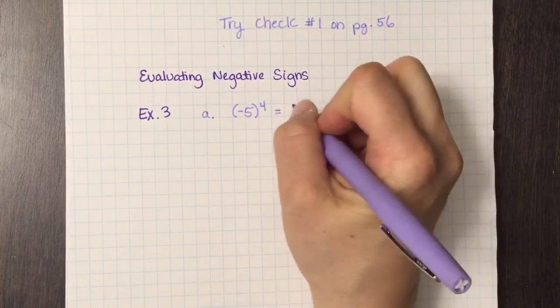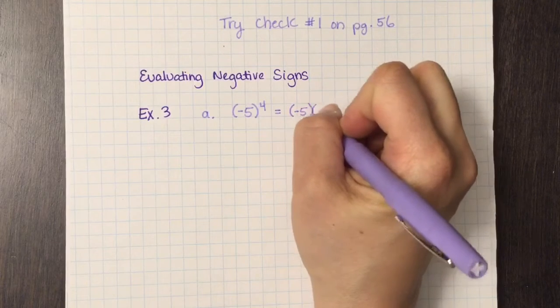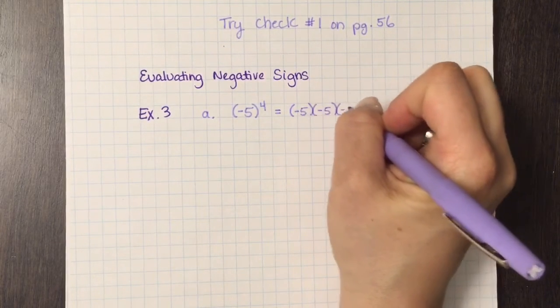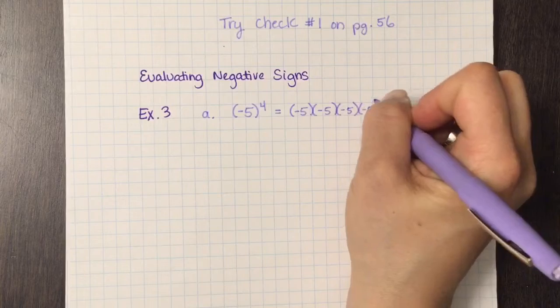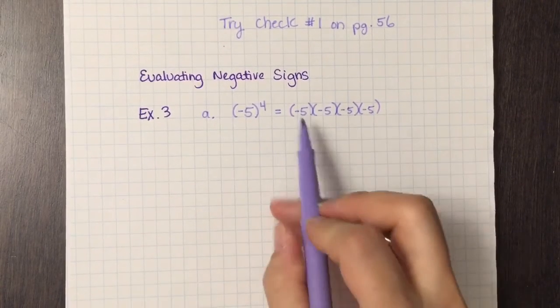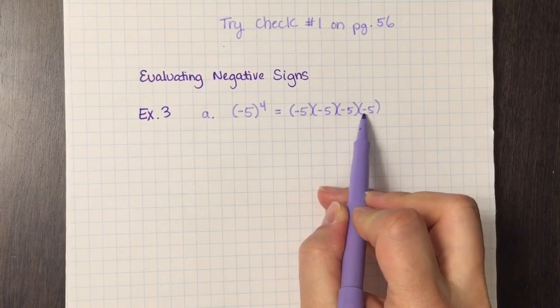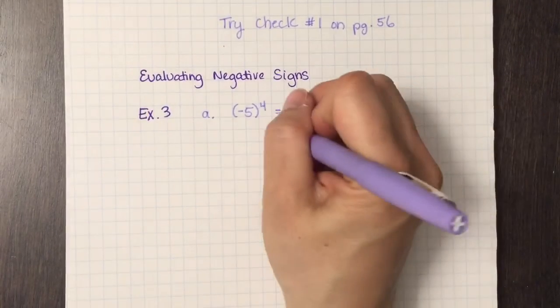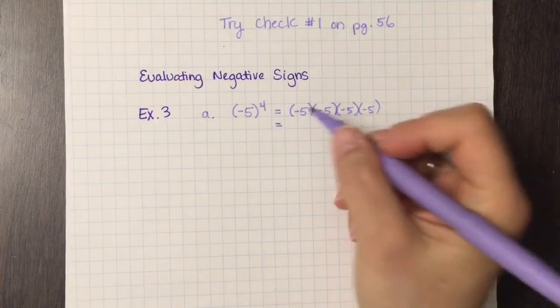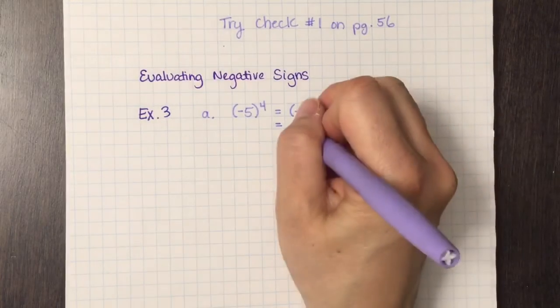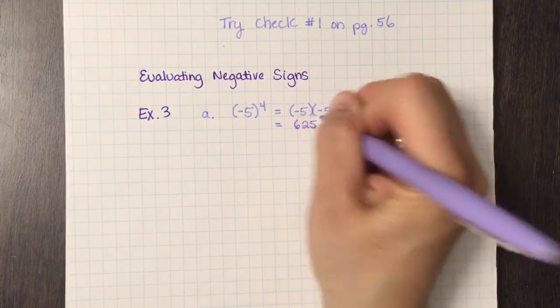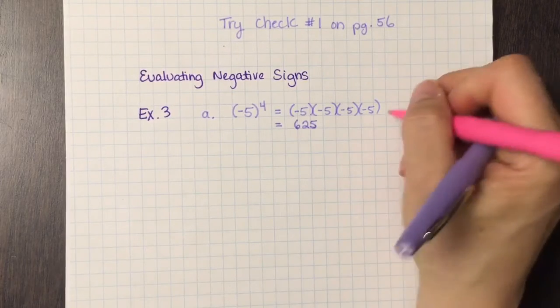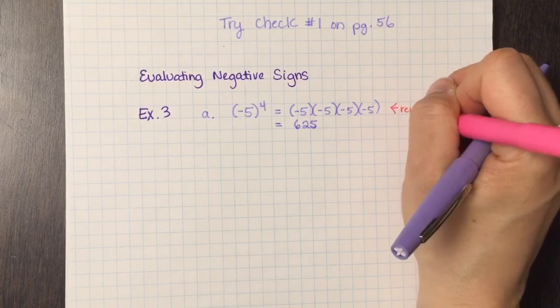This tells us that our base is minus 5 and that we have 4 of them. And because there's an even number of negative integers, we know that our product is going to be positive. So 5 times 5 times 5 times 5, 625.